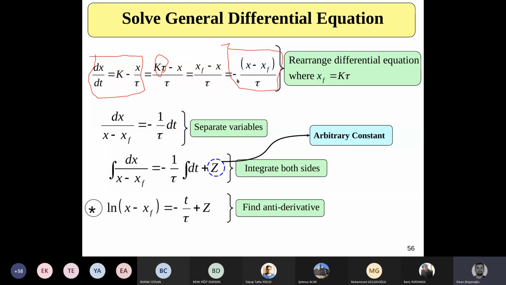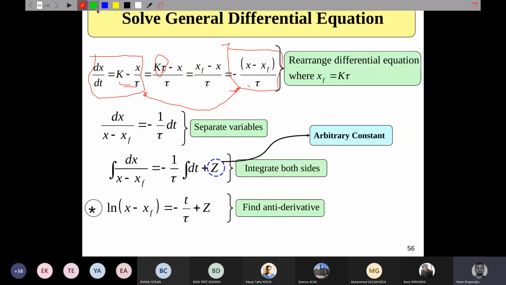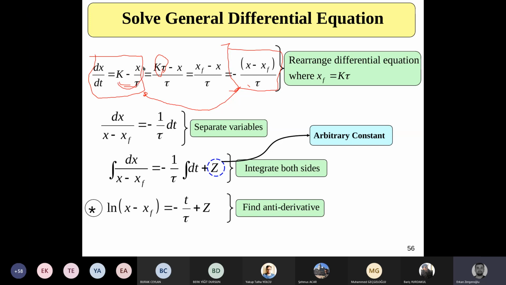Using separation of variables, we look at these two equations now. Instead of this portion, I'm writing this portion.